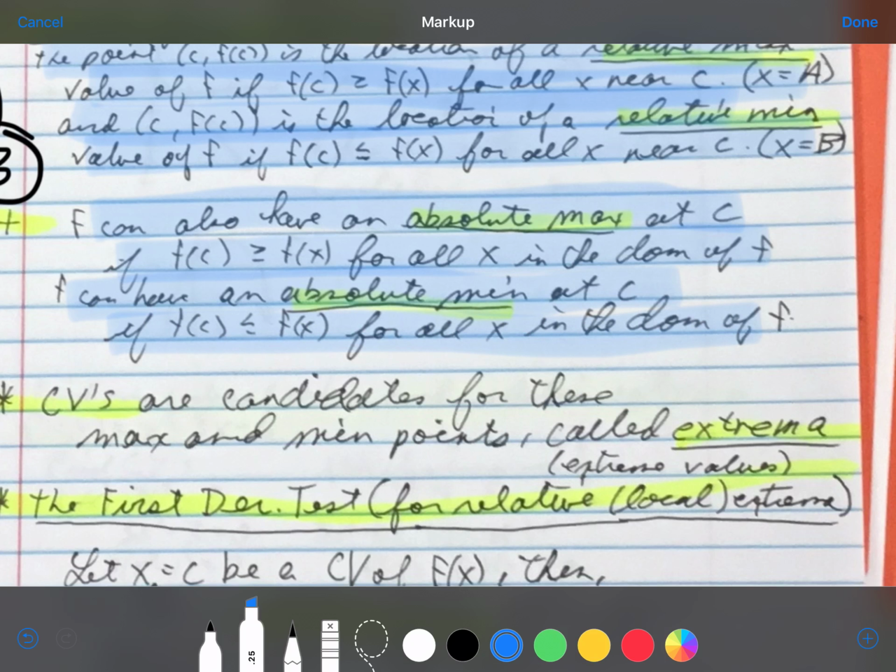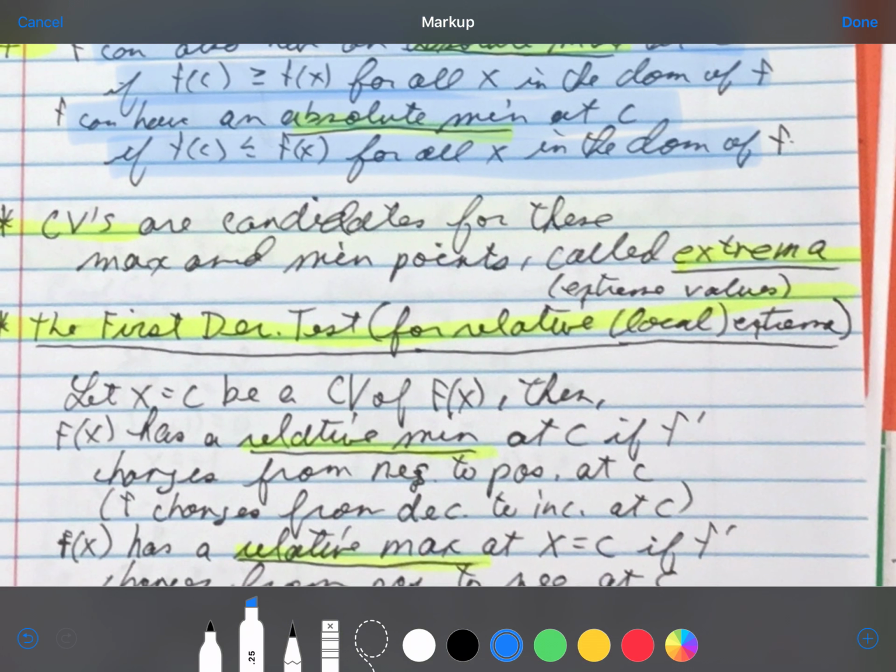I mean, yeah, we'll be interested in applications where the absolute max or absolute minimum value of a function is located as well. But our focus for this section is going to be how do we find those relative max and mins, right? So it's all about the first derivative. Now, critical values are coordinates for those maximum and minimum points.